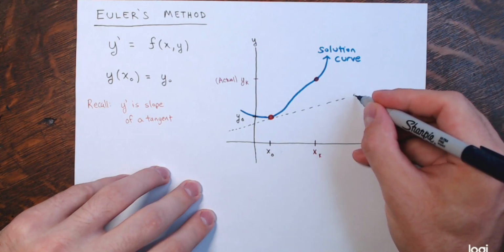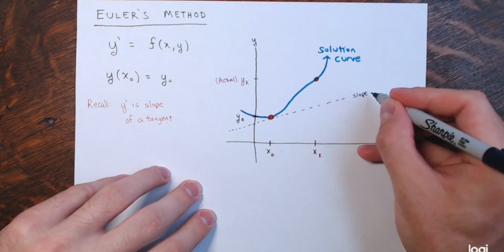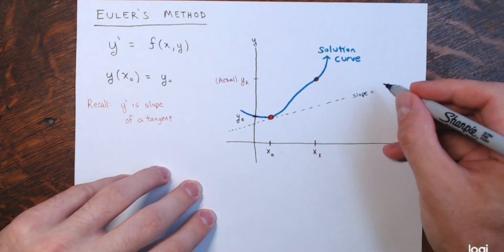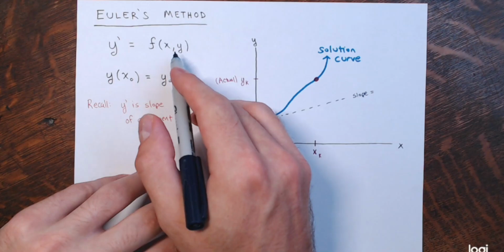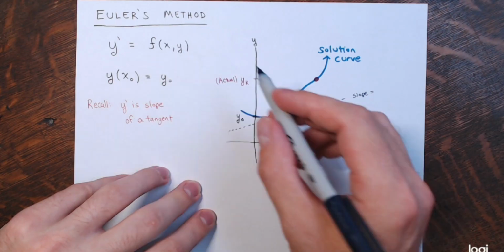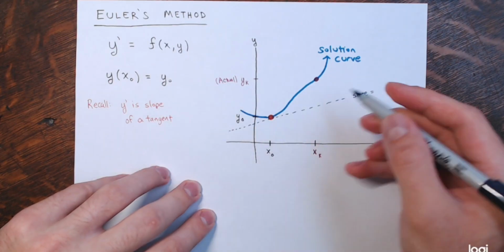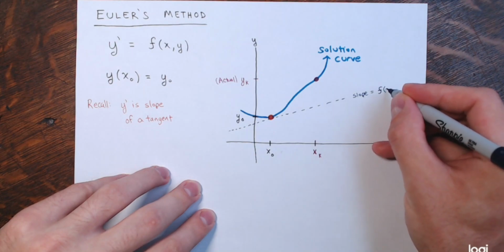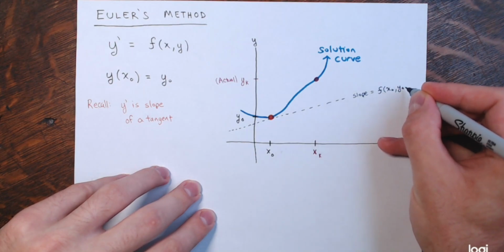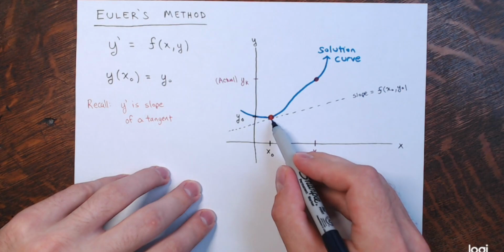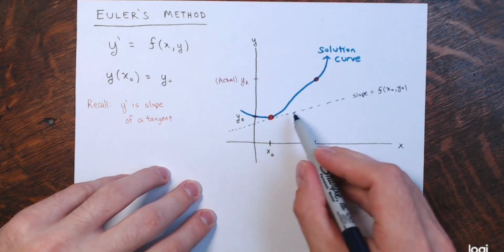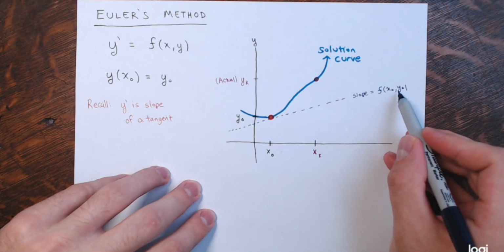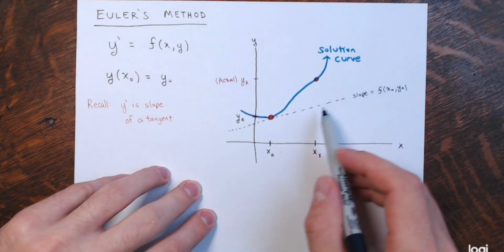And the slope of this tangent line is y prime, but y prime is just the value of this function here at whatever is a point on the curve. So it would be f of x sub 0, y sub 0. The point (x sub 0, y sub 0) is on this line. I'm doing the tangent line at that point, and that is what is given to us as y prime, the slope.